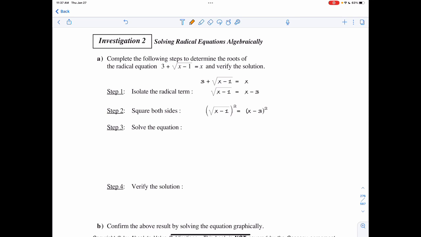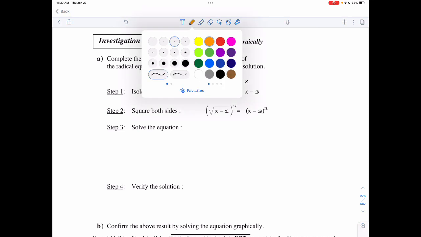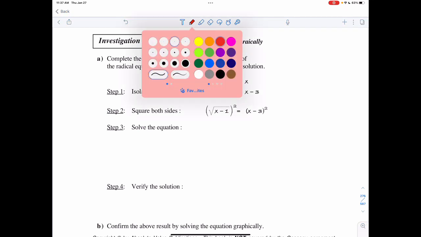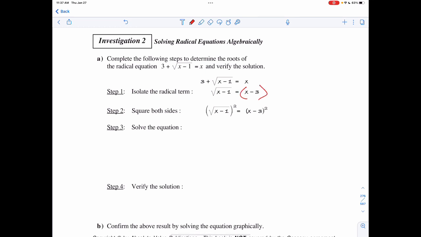If it is asking us to do a more complex one, the process is still the same. Start by isolating the radical. So they just move that 3 to their side and you get an x minus 3. At this point, I always, before I square, put brackets around the right-hand side.